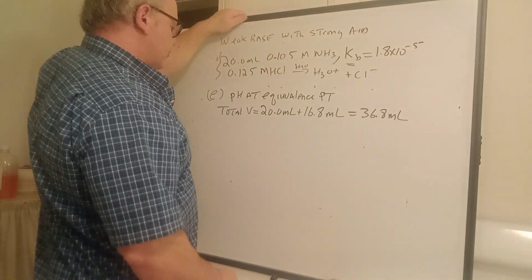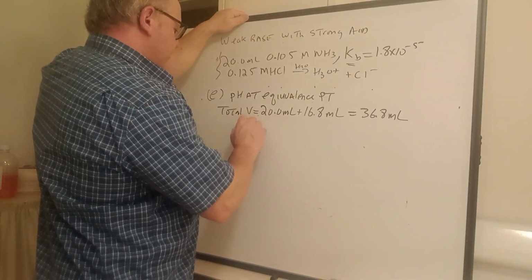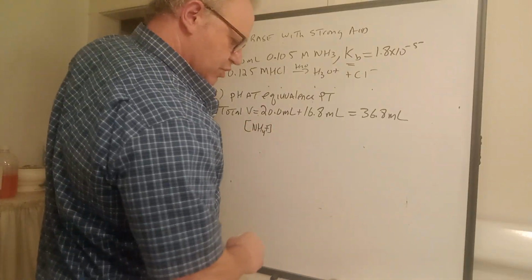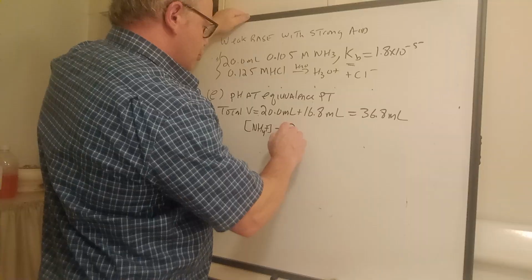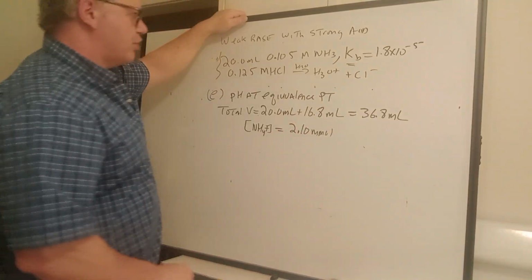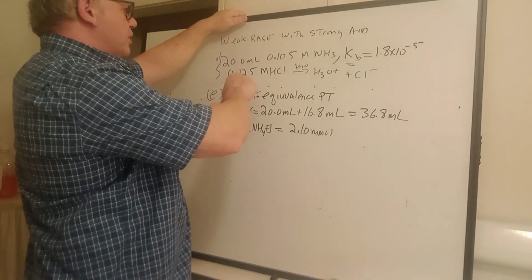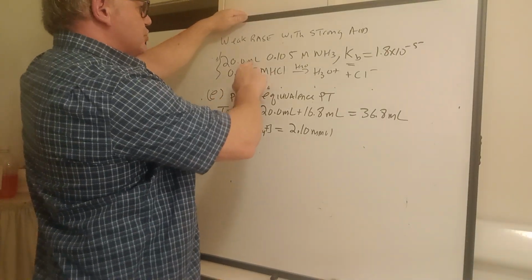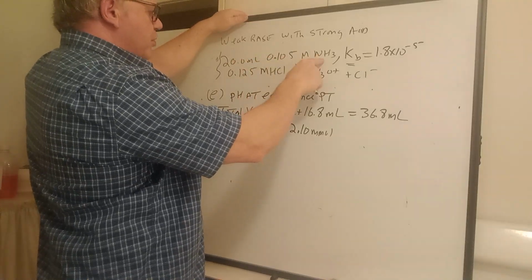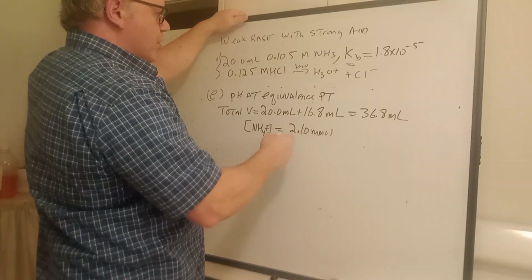We're going to have to do an ICE method here. We're going to have the ammonium ion equal to 2.10 millimoles, because we calculated earlier that this is a 20 milliliter sample of 0.105 molar ammonia that gave us 2.10 millimoles.